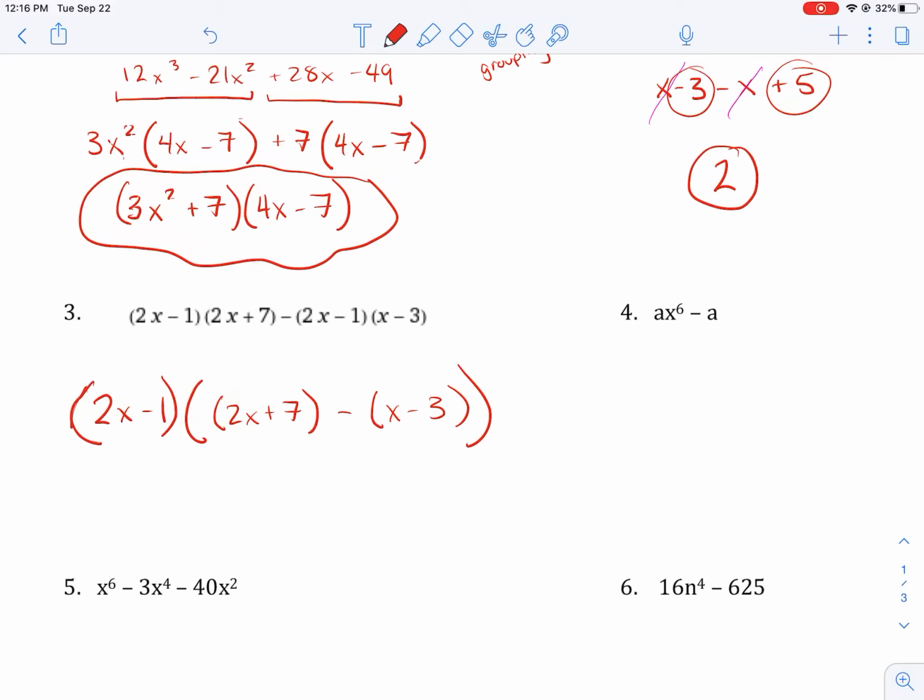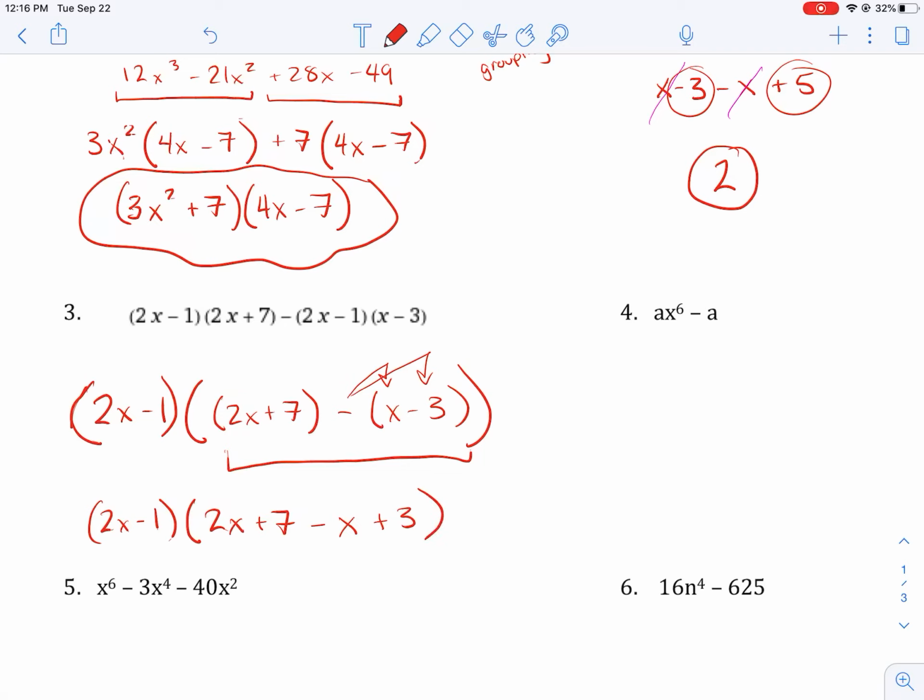So going back to that, all we have to do now, like we did in number 2, is combine like terms. So I'm going to go 2x minus 1, that stays in parentheses. Then 2x plus 7, and then I'm going to distribute that negative sign, so minus x plus 3.